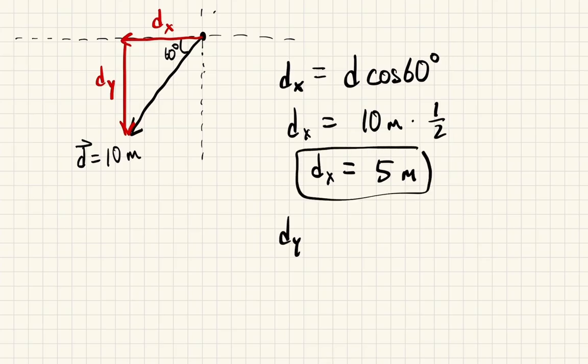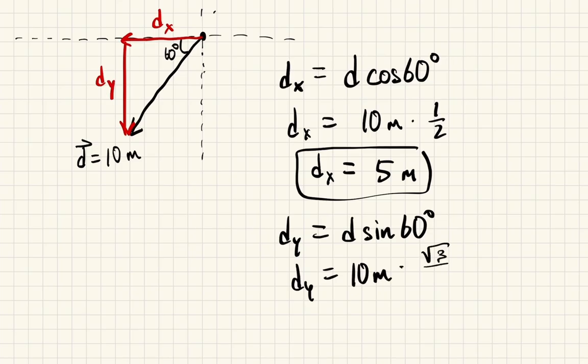And for the magnitude of the y component, it would be this here, where we do 10 meters times sine of 60, which is √3/2. And this would give us 5√3 as our answer, okay?